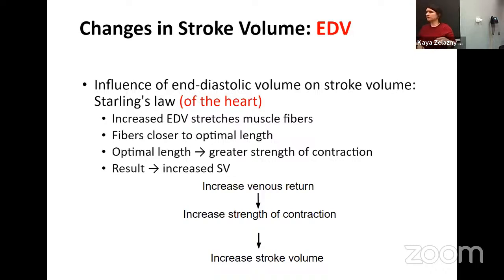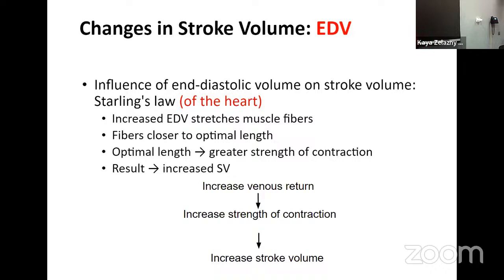So when we stretch those muscle fibers, here's where we want to come back to one of our topics that we did when we were talking about our skeletal muscle. This also is true for cardiac muscle, that we have an optimal length. So we have an optimal length for our muscle fibers where they're going to squeeze harder. We looked at our sarcomeres and the amount of overlap between the actin and the myosin and how that can affect how well they can pull on each other. So that's what I mean when I'm talking about the optimal length.